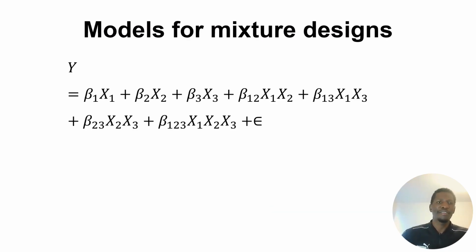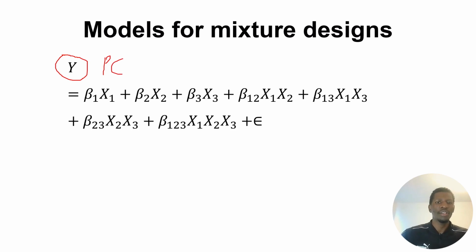The general form of a mixture model sounds a bit complex, but let's break it down here. If we consider this y to be the quality parameter of a food product, let's call it protein content per se. So what is the effect of x1 on the protein content?